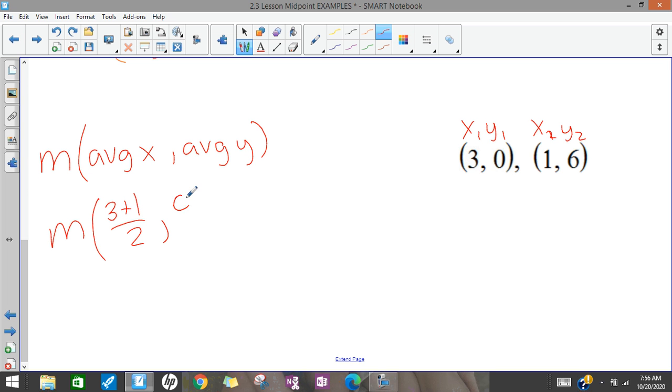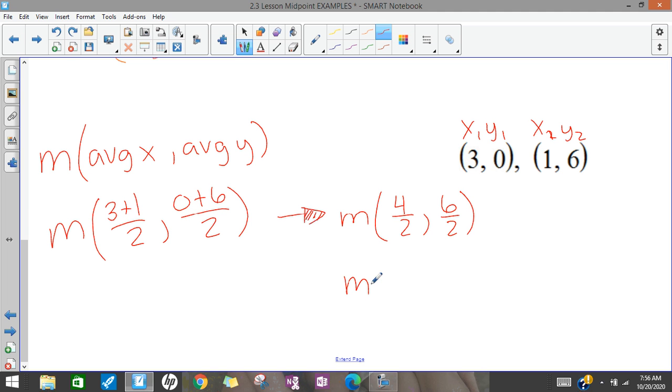Average the y's, 0 plus 6, divide by 2 because there's two numbers. So I get 4 over 2 and 6 over 2. And so I'll simplify 4 over 2 to be 2 and 6 over 2 to be 3.